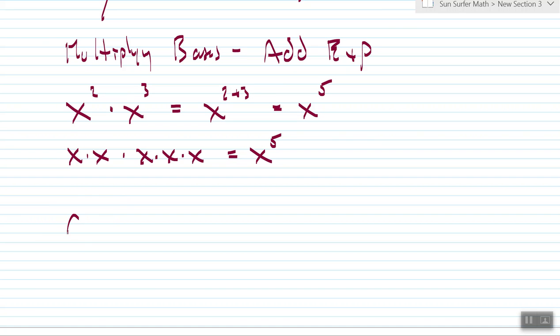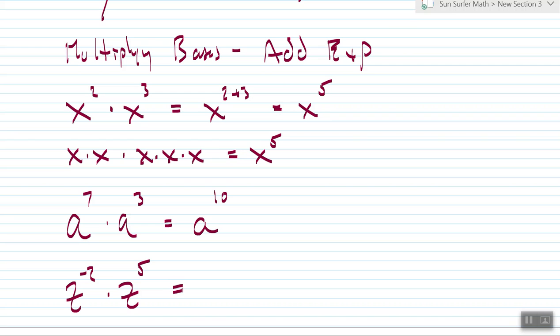So therefore, if we have a to the 7th times a to the 3rd, and we're multiplying them, we have a to the 10th. Or if we have z to the negative 2 times z to the 5th. Now, we could rewrite the z to the negative 2 as 1 over z squared, but I'm not going to do that. I'm just going to apply this rule, and we would add the exponents, and we have negative 2 plus 5 is 3.